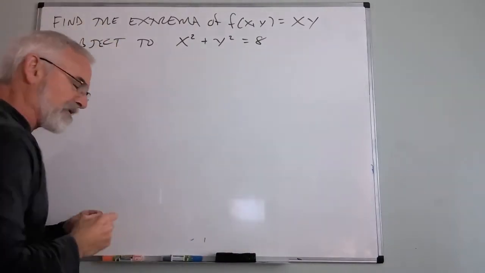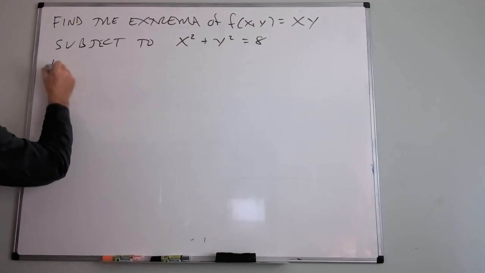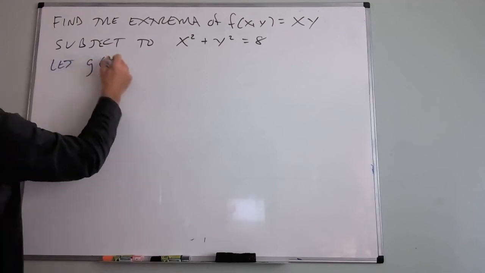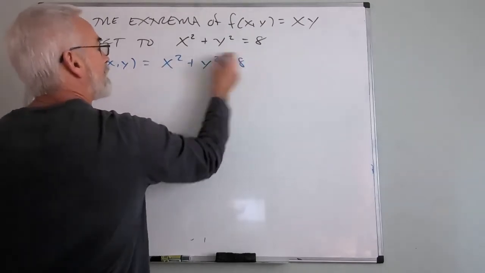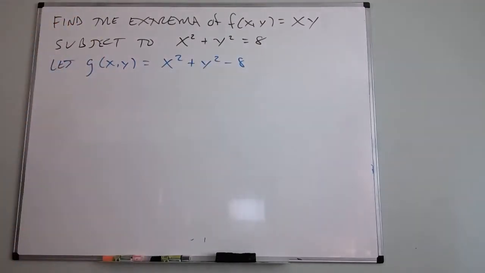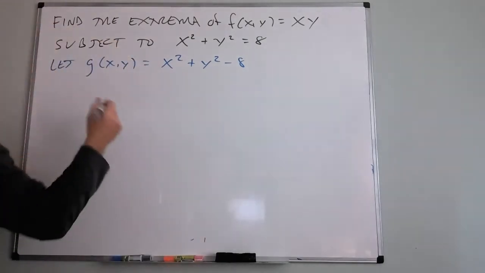This is not going to be complicated, but it's going to be a little bit different than the last one. So we'll start by letting g(x,y) equal x² + y² − 8. Now I have two functions of two variables and I can set their gradient vectors equal to a constant multiple of each other.